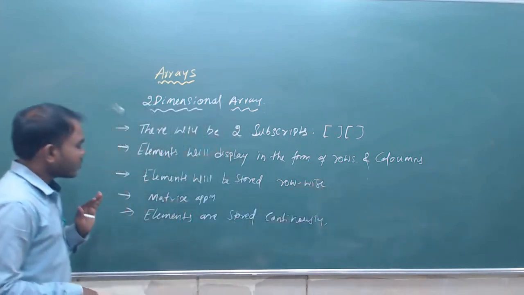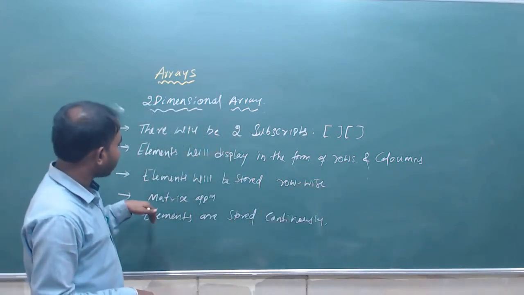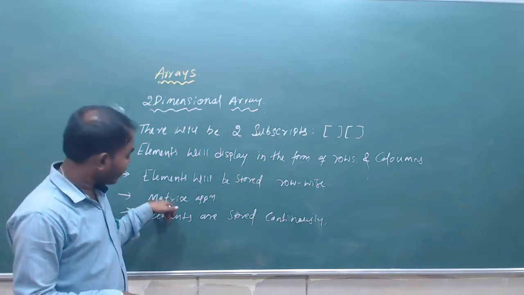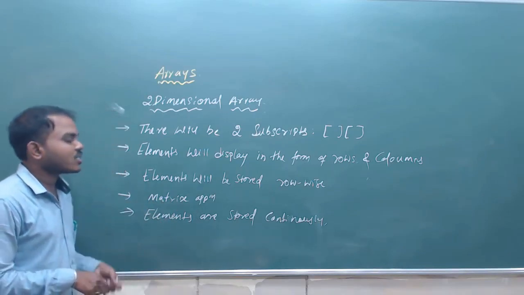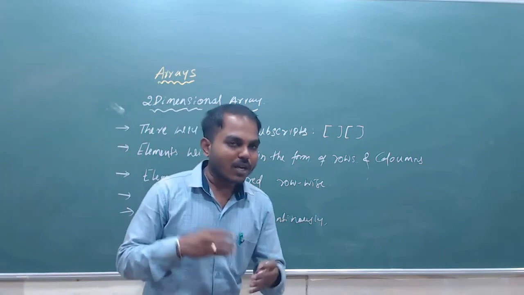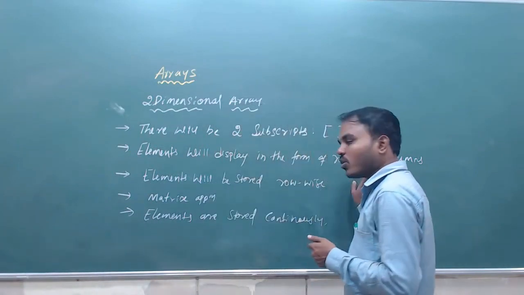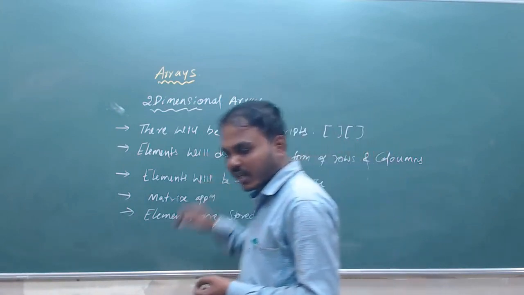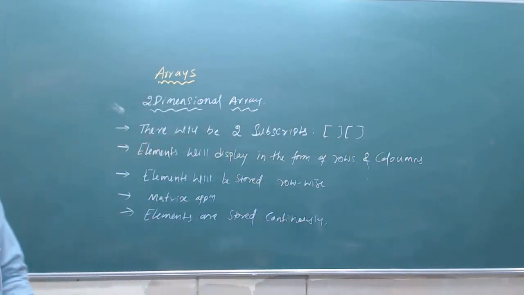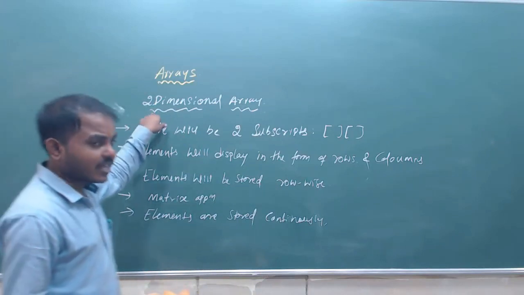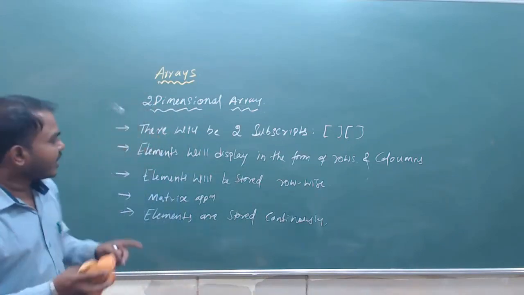The next one is, where do you use this two-dimensional array? Matrix applications. And the next one is, elements are stored continuously. The memory locations will be continuous in the form of rows and columns. So these are the important points to be considered when studying a two-dimensional array.